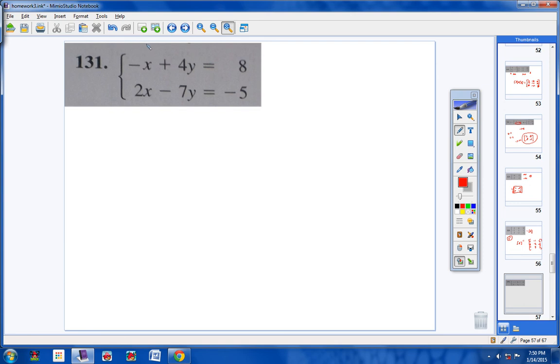The directions say to use an inverse matrix to solve, okay? So you're allowed to use your calculator all that you want to on these, alright? So here we go. First of all, you write your coefficient matrix here, negative 1, 2, 4, negative 7, and then x and y right here, and then 8 and negative 5 right here.